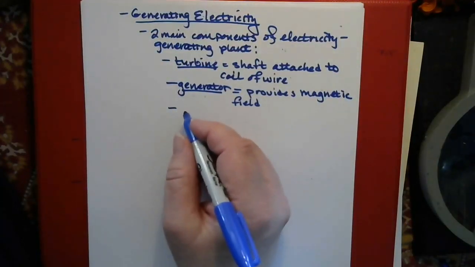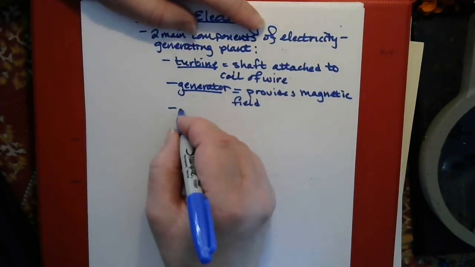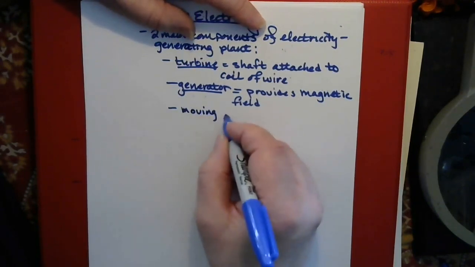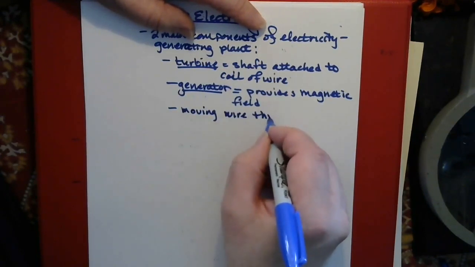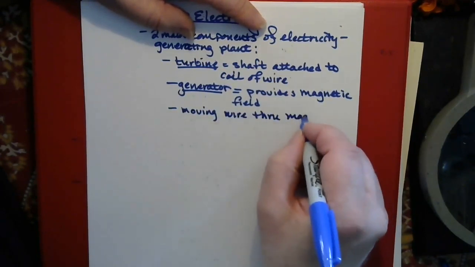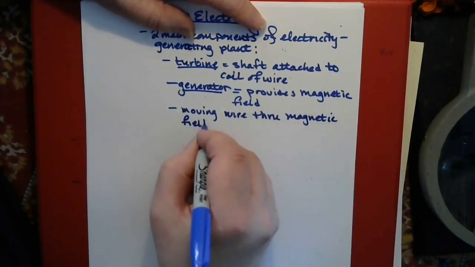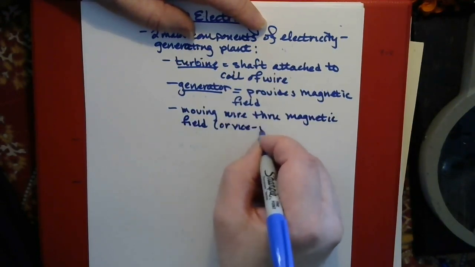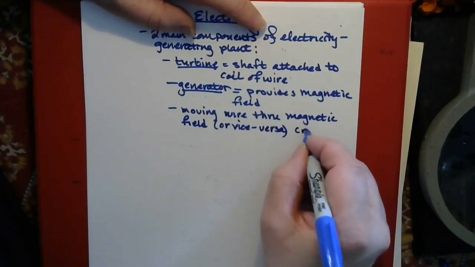As we would see if we had enough time to go into the electricity section of physics, moving a metal wire through a magnetic field, or vice versa, creates an electric current.